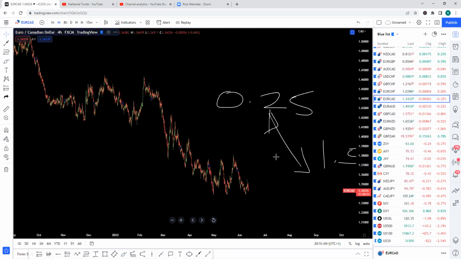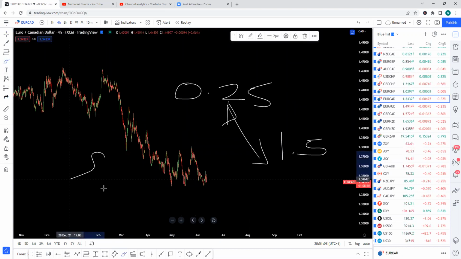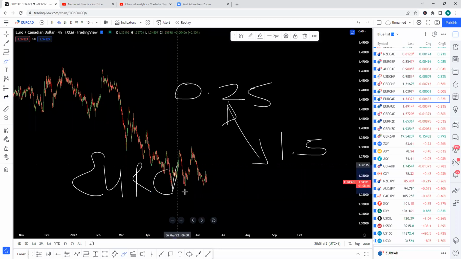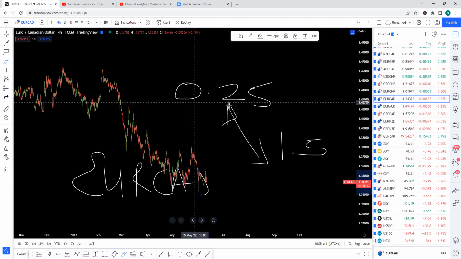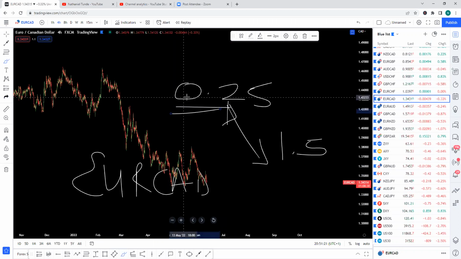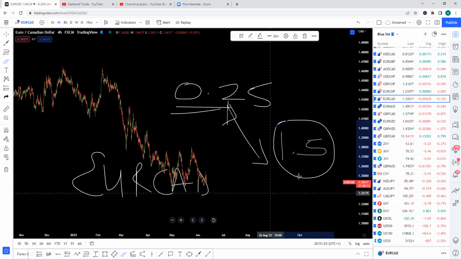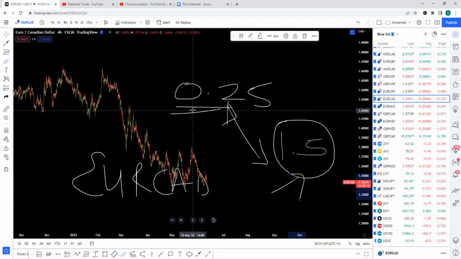But then, already we have seen that we want a sell of the pair. Why do you want a sell? Because the euro has a very low interest rate, just increased to 0.25, and this has a very strong interest rate. Investors will want to keep more of CAD than euro.